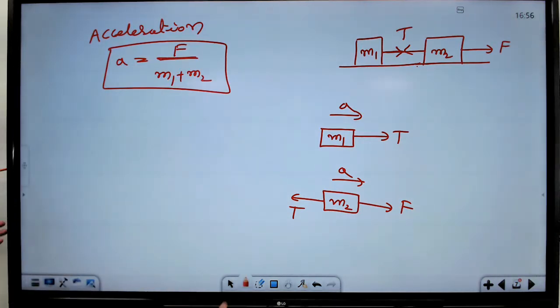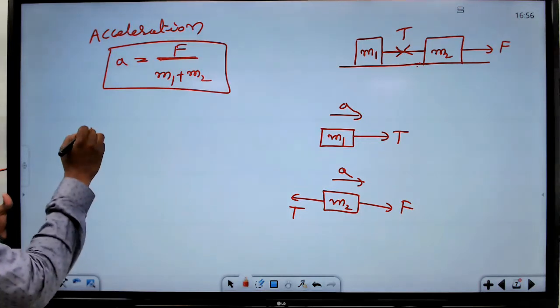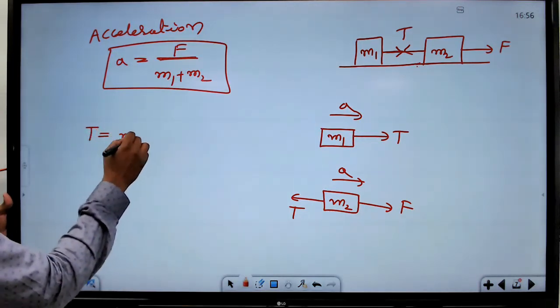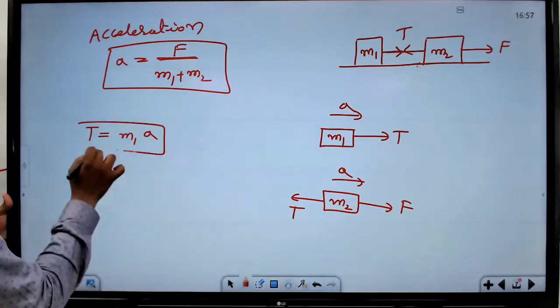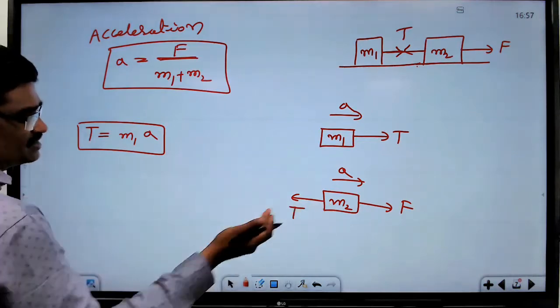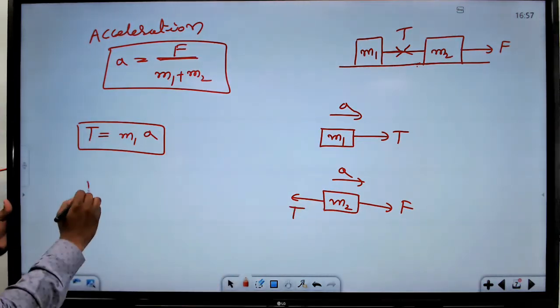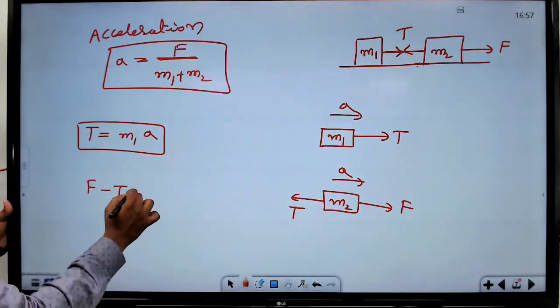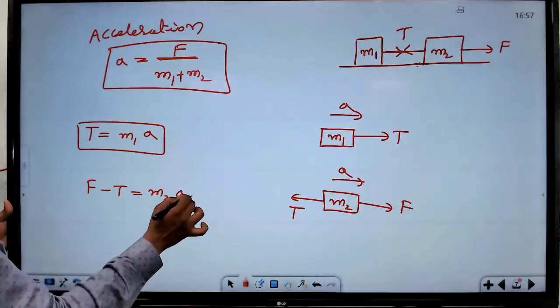Now, write down Newton's second law equation. For M1, T equal to M1 into A. For M2, F minus T equal to M2 into A.